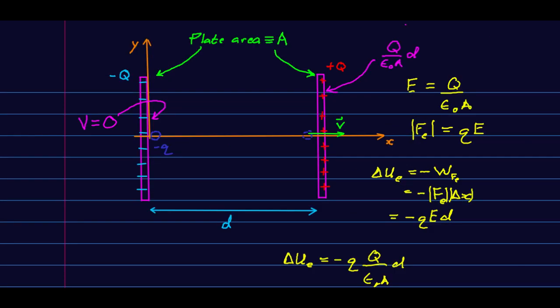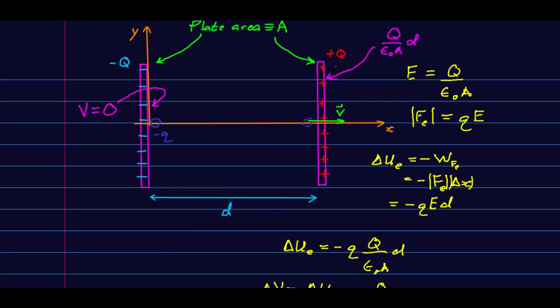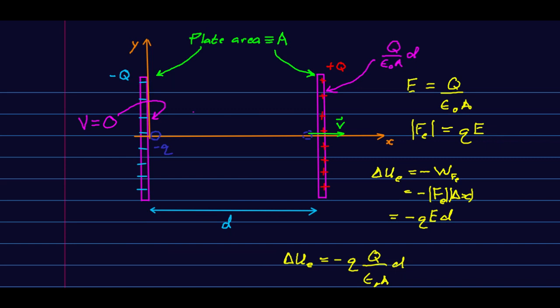Let's now think about the potential everywhere else inside the capacitor. So think about now the charge having left this plate, and we're going to think of its potential energy as it passes through some other location A, which is some distance x from this plate.